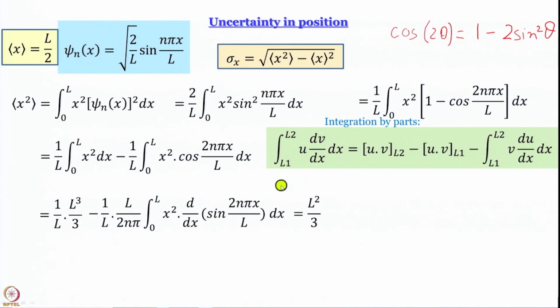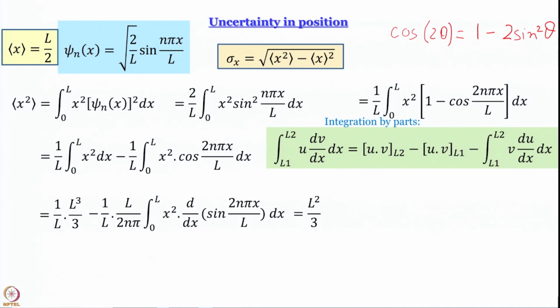Integral between limits L1 and L2 of u dv dx into dx, right, that is why we have to write it as dv dx. U into dv dx dx is equal to product of u and v, substituting the limit L2, minus product of u and v for the limit L1, okay, minus integral L1 to L2 v du dx dx.